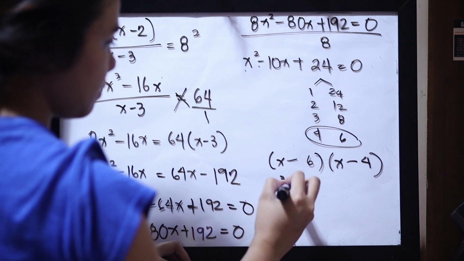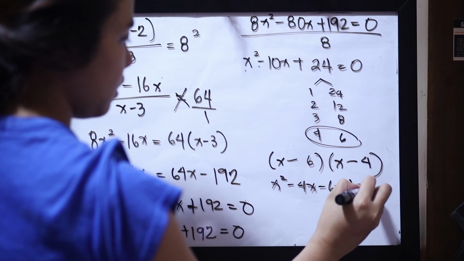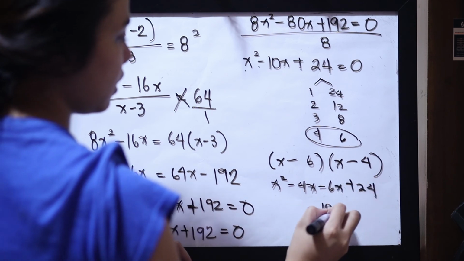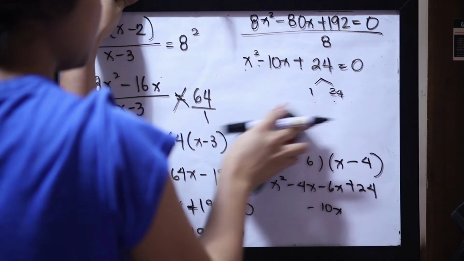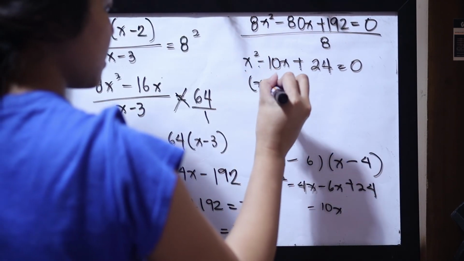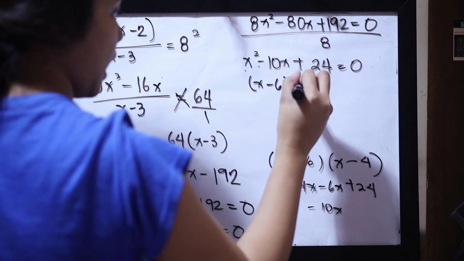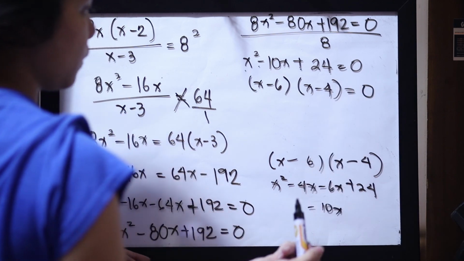So, x squared minus 4x minus 6x plus 24. Ayun na nga, negative 10x, tas 24. Tama. Factorable siya. So, x minus 6 at saka x minus 4 is equal to 0.